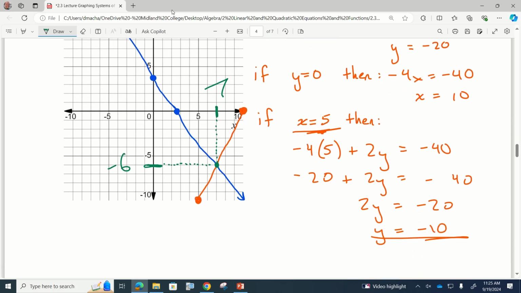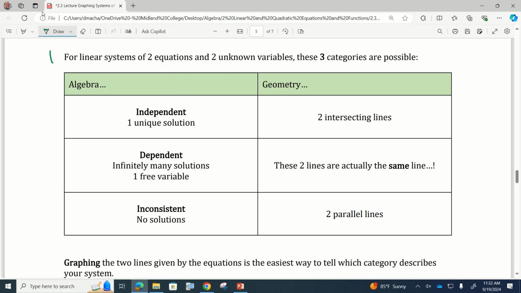So based on the coordinates at my point of intersection, that should hopefully give me the right answer to my system of equations. If you have a system of linear equations, you've got 2 equations with 2 unknown variables, like x and y. And this is basically the situation we've seen all week long.